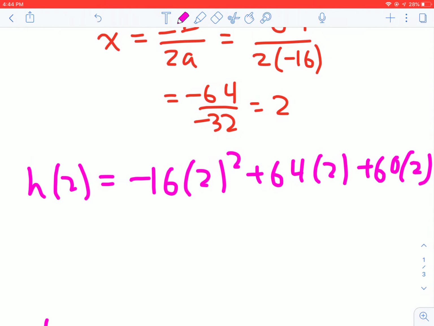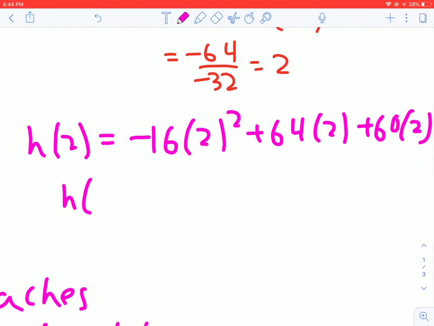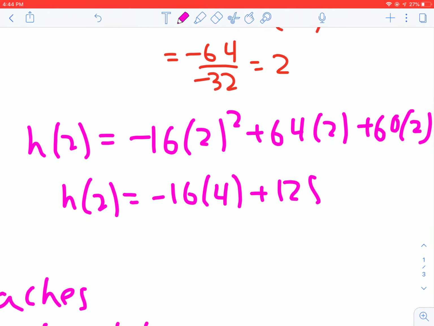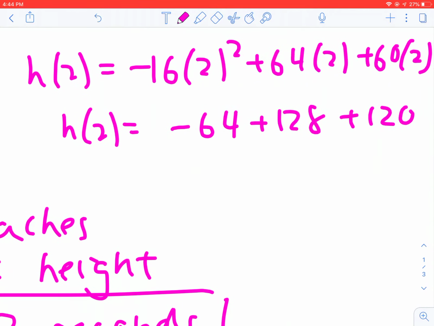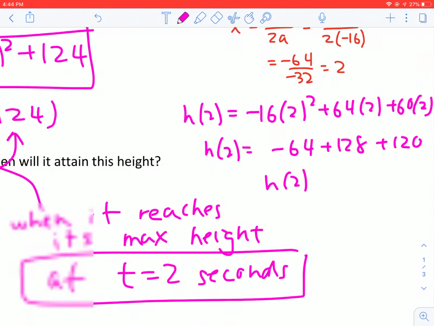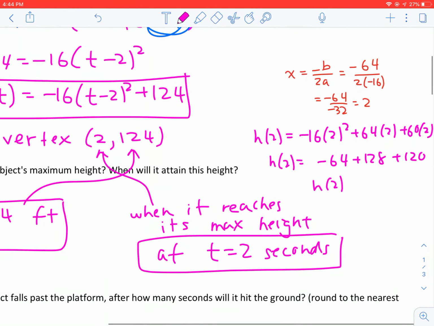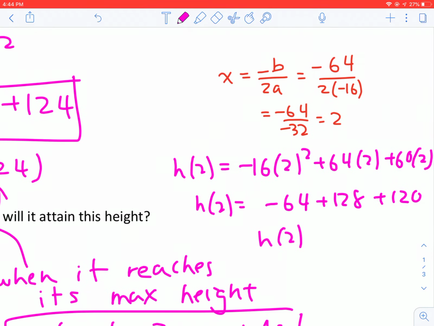If we work this out, order of operations, make sure you're squaring first. That'll be negative 16 times 4, plus 128, plus 60. Negative 16 times 4 is negative 64. And adding these numbers together, we should be getting 124 feet.